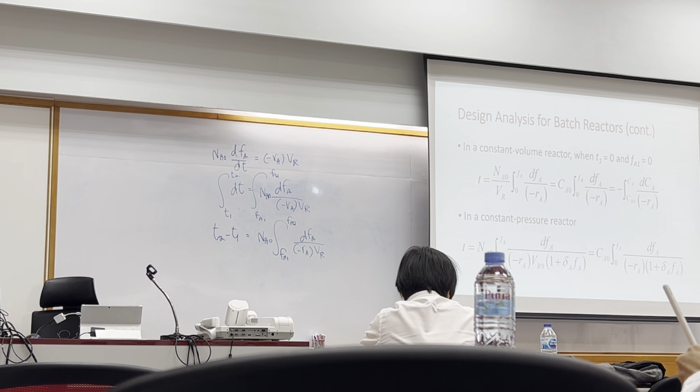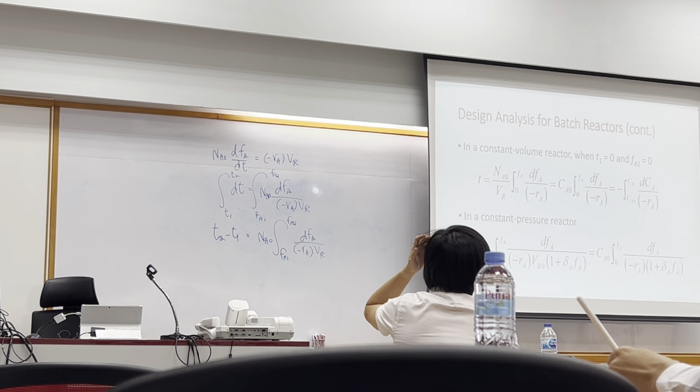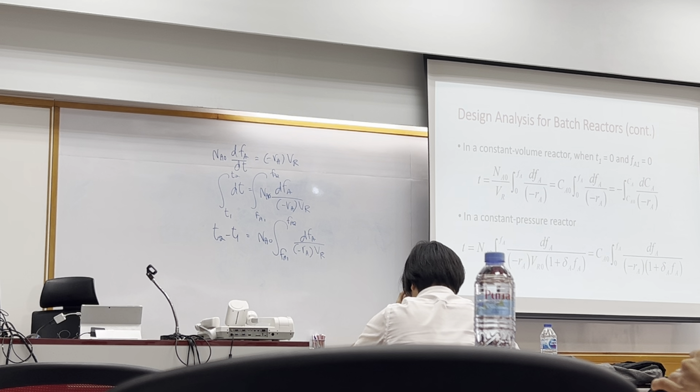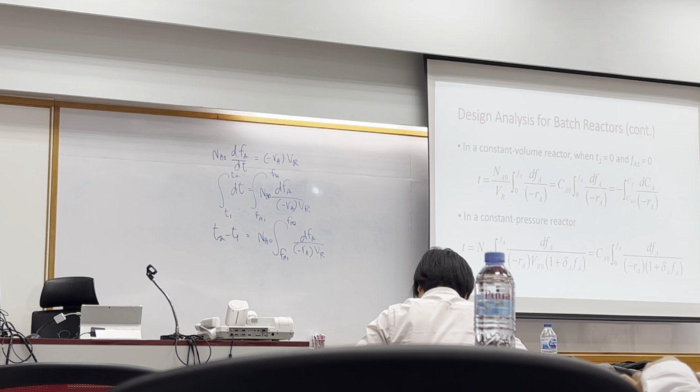Delta A is the total moles at Fa equal to 1 minus the total moles at Fa equal to 0, divided by the total moles at Fa equal to 0. Right? So it could be the total number of moles or total volume. Okay?